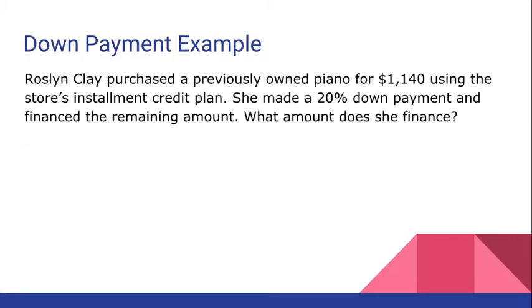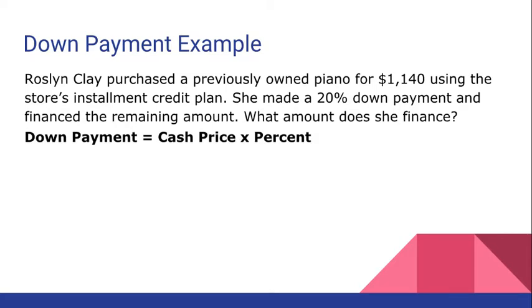So now let's talk about what we need to do if we're not given an actual amount for the down payment, but we're given the percent. Rosalind Clay purchased a previously owned piano for $1,140 using the store's installment credit plan. She made a 20% down payment and financed the remaining amount. What amount does she finance? This time we're not given her down payment amount, so we first need to find it using the formula: down payment equals the cash price times the percent.